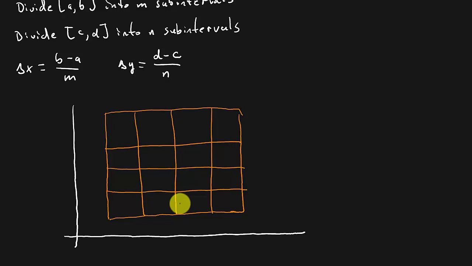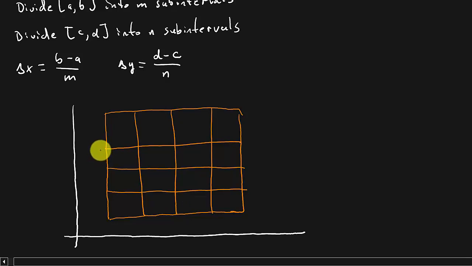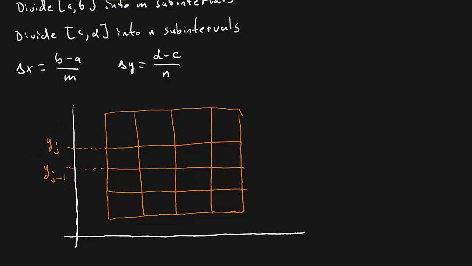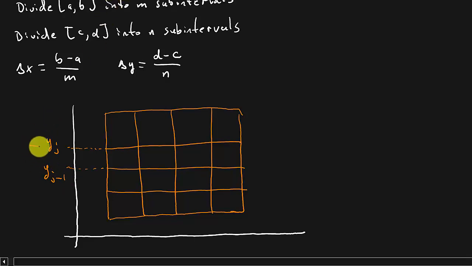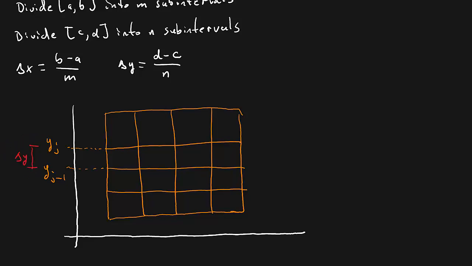Okay, and so this y value is y sub j, this is y sub j minus 1, and the distance between those is delta y.